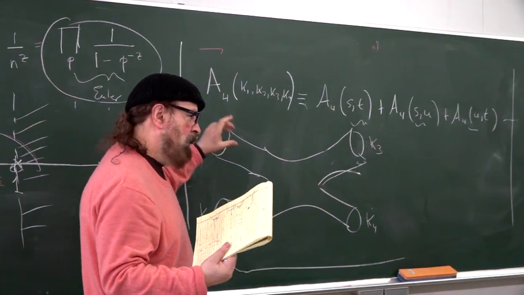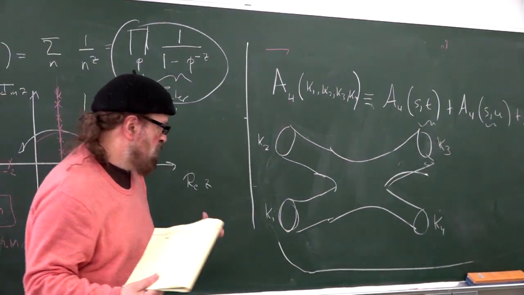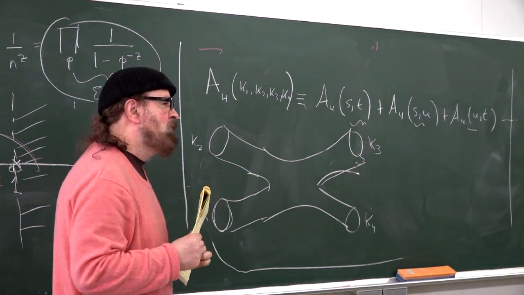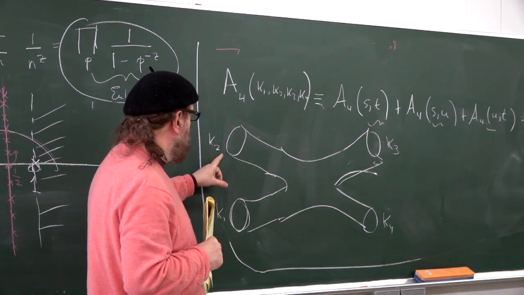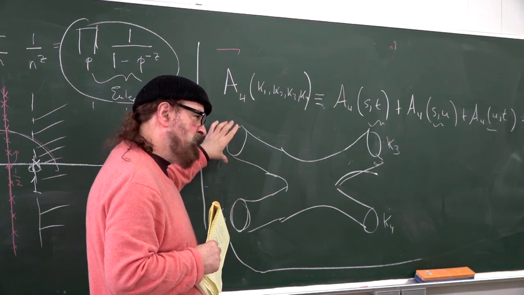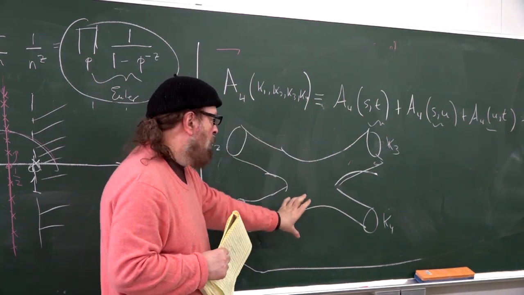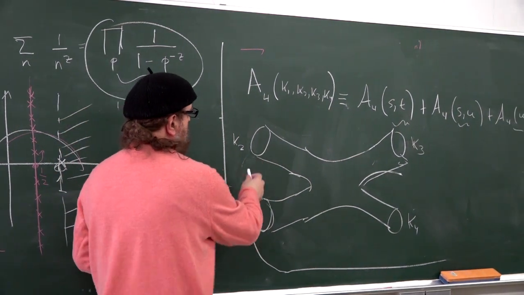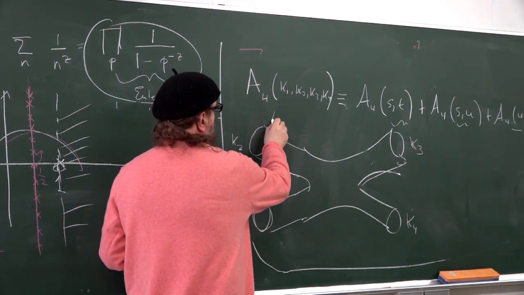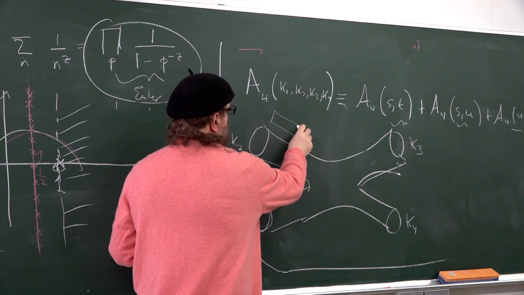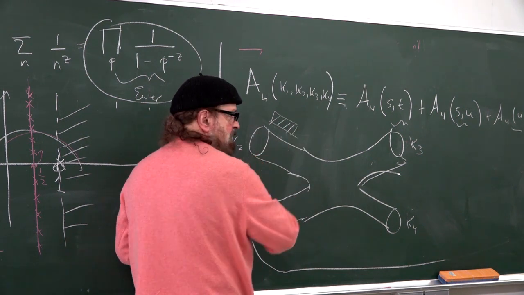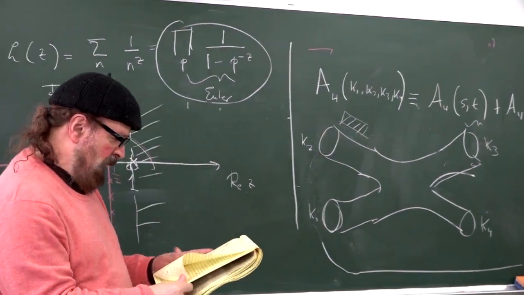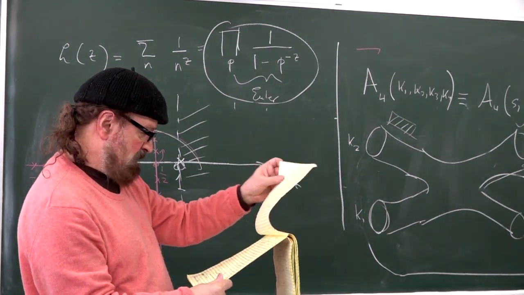The string, because it has an extension in the spatial dimension, as it moves through space-time is going to sweep a 2-dimensional surface. If the string is closed, it will sweep like a cylinder. If you have an open string, instead of a cylinder you'll have a world sheet. So the Veneziano amplitude, this is something that Veneziano found.